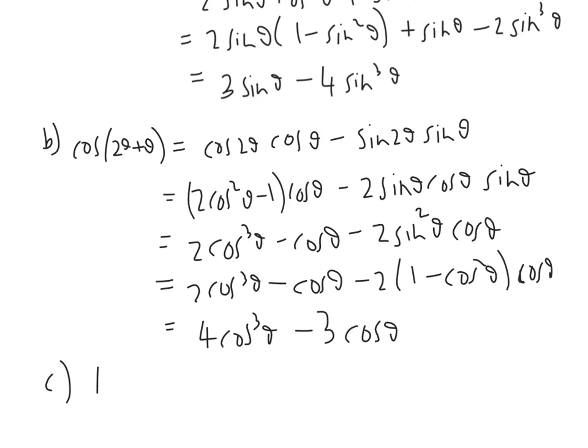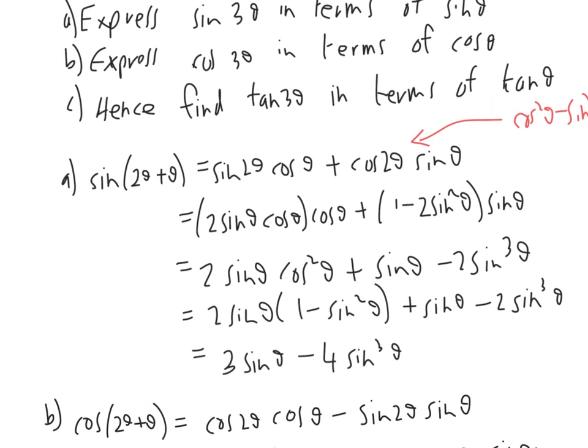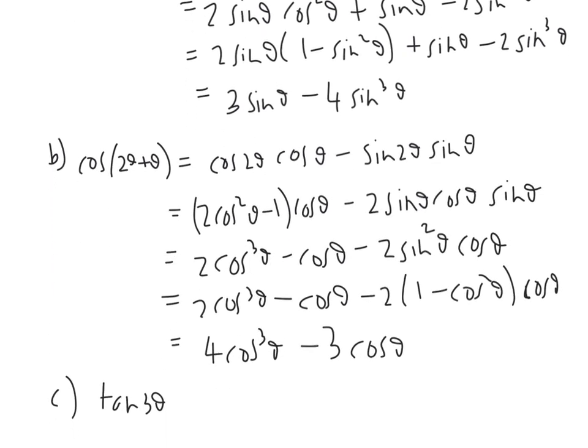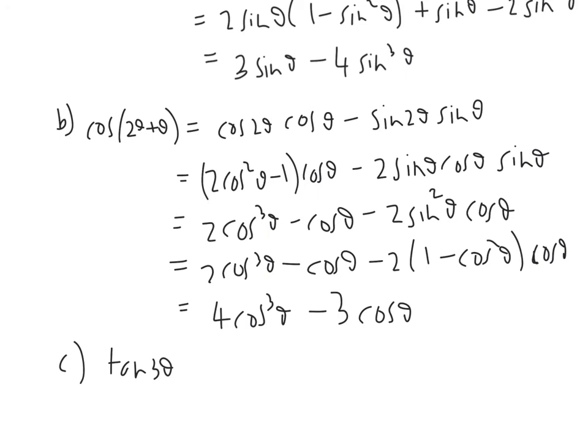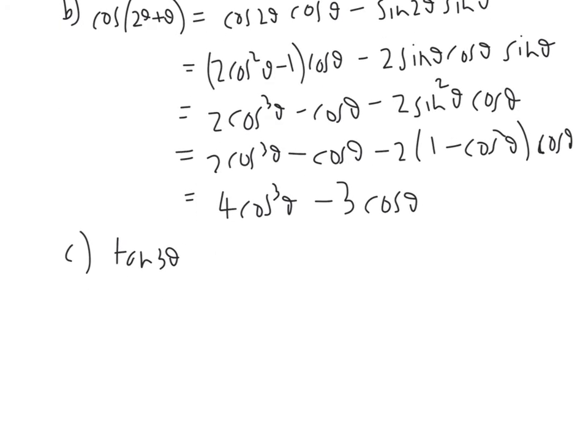Part C then is to work out tan 3 theta. It doesn't say express, well, it says hence find tan 3 theta. And because it's hence, it makes sense to use the previous parts. So by definition, tan theta is sine theta, in this case 3 theta, over cos 3 theta.